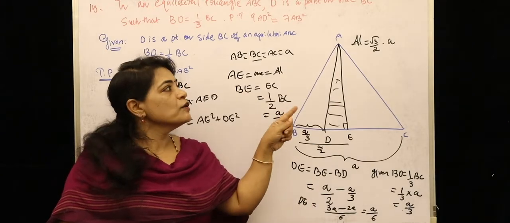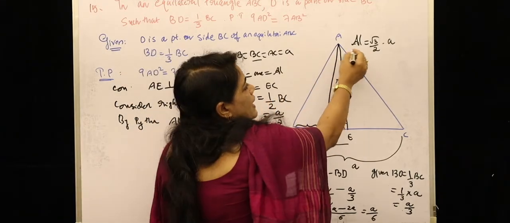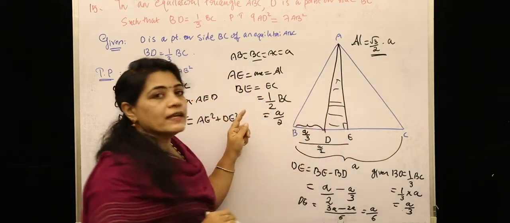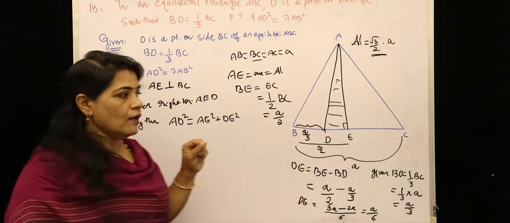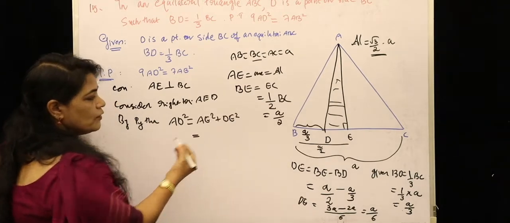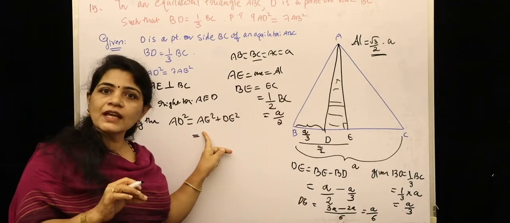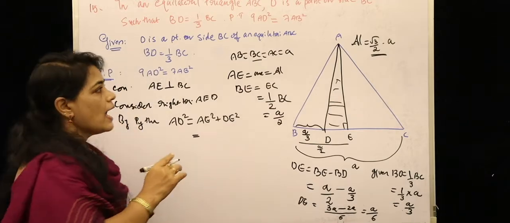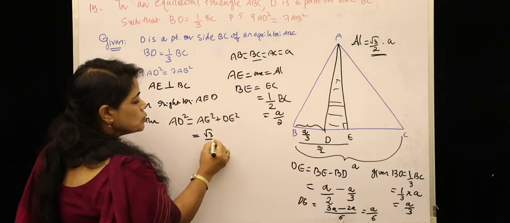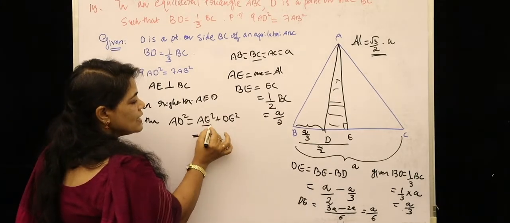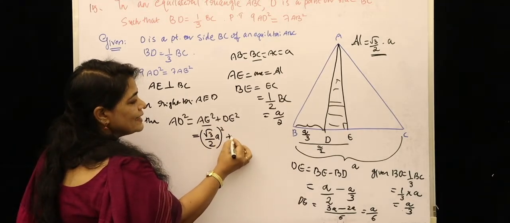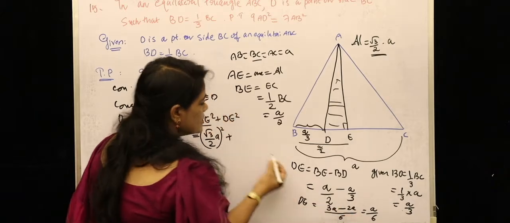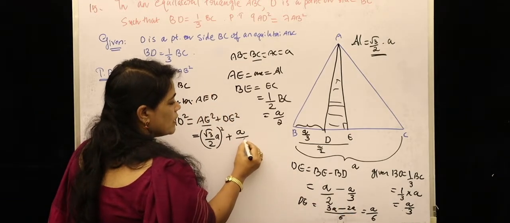So I am going to substitute here AE, that is the altitude, and its value is root 3 by 2 into A. Finally we got the substitution for both AE and DE: root 3 by 2 A, this is AE, whole square, plus DE as A by 6, A by 6.